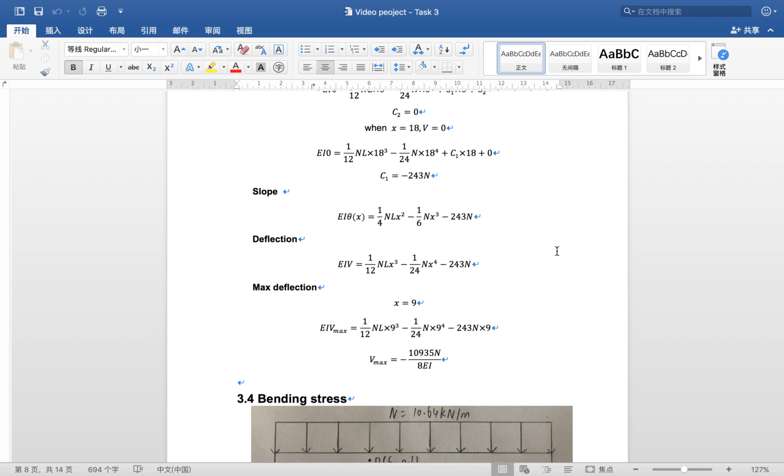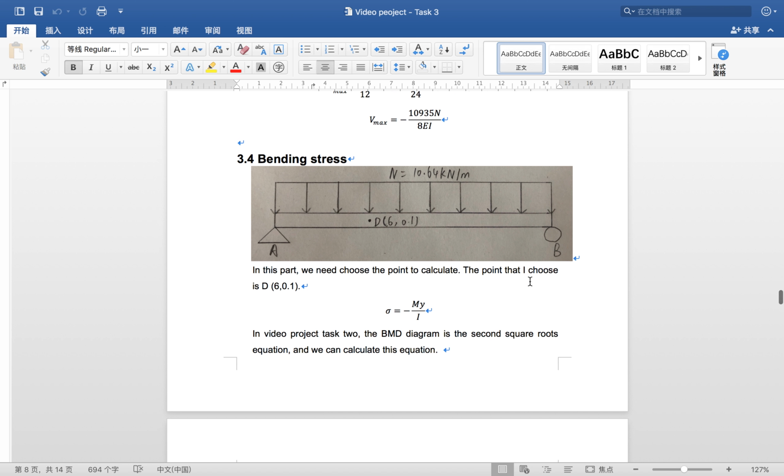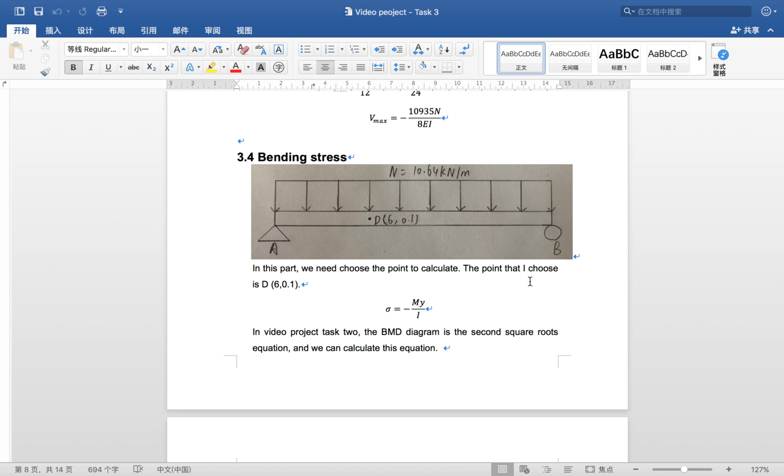The maximum deflection also happens at x equal to 9, and the Vmax is minus 1096.935 times n divided by 8EI.